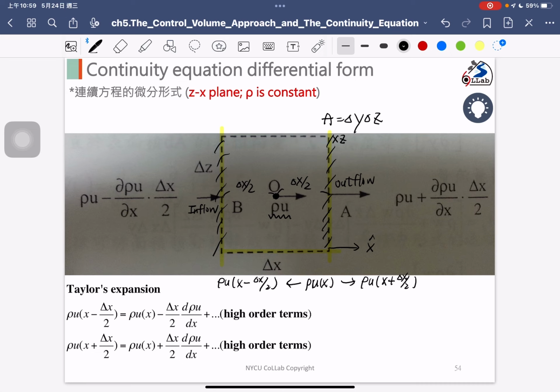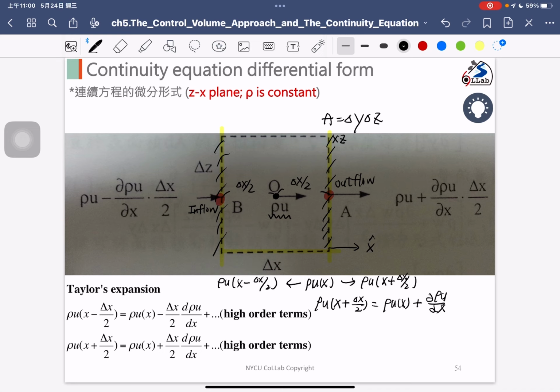Because I want to compute the mass flow rate changes here and here. I want to compute the inflow and the outflow mass flow rate. Based on the Taylor expansion idea, we know that if delta x is small enough, rho u at x with a little bit of location difference can be rewritten as rho u at x plus the derivative of rho u with respect to x.